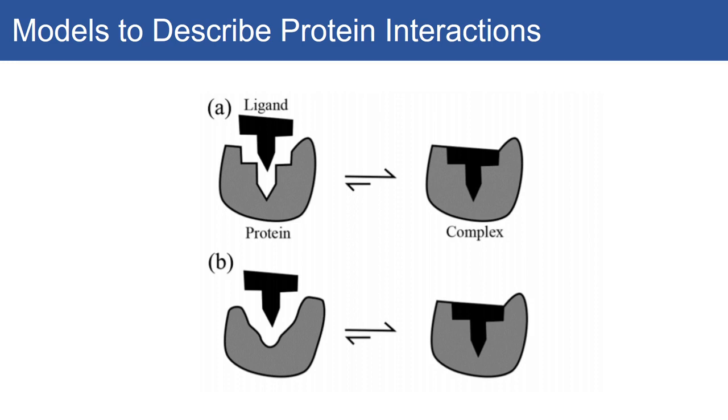It's important to remember that these protein-protein interactions are not just in a vacuum. They commonly are used to regulate events or to do work within a cell, for signaling and all kinds of other mechanisms. So these models are pretty important. This is the first introduction you're going to see to these two models, and we'll see them again when we talk about enzymes in a couple of weeks.